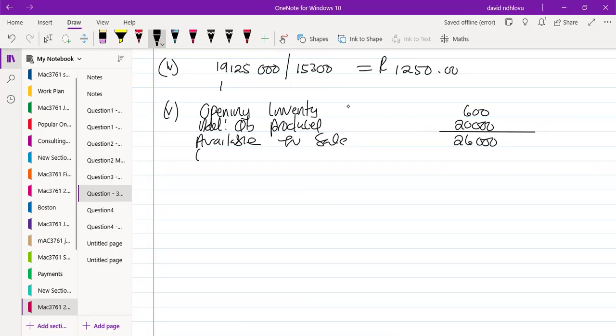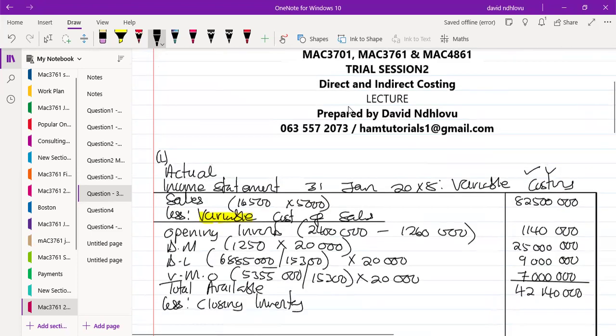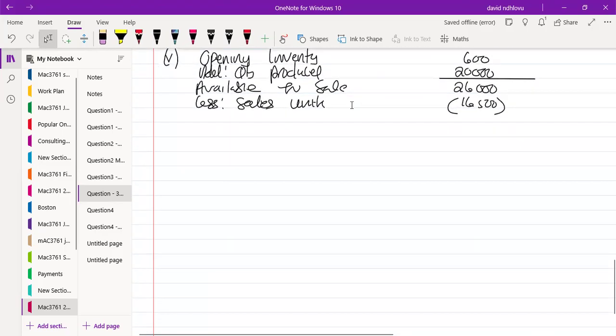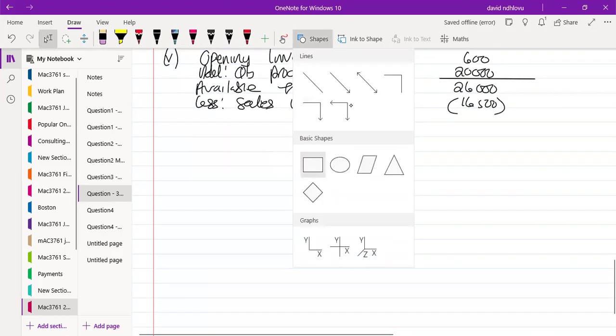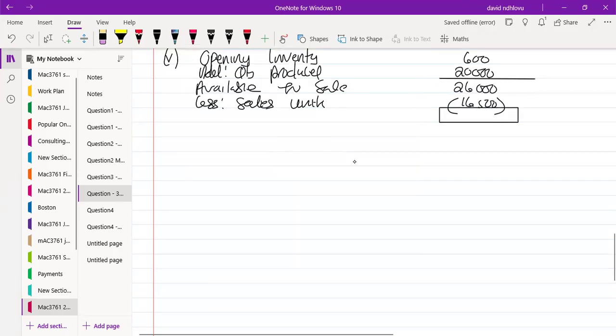Right, then we say, how many units did we sell? So less sales units. We have already calculated the sales units. We said 16.5, which is what we calculated here. We said the number of units sold, 16.5. Right, so from a possible quantity of 26,000, if we sell 16,500, we are then left with 9.5 units. So therefore, in our closing inventory, is that correct?